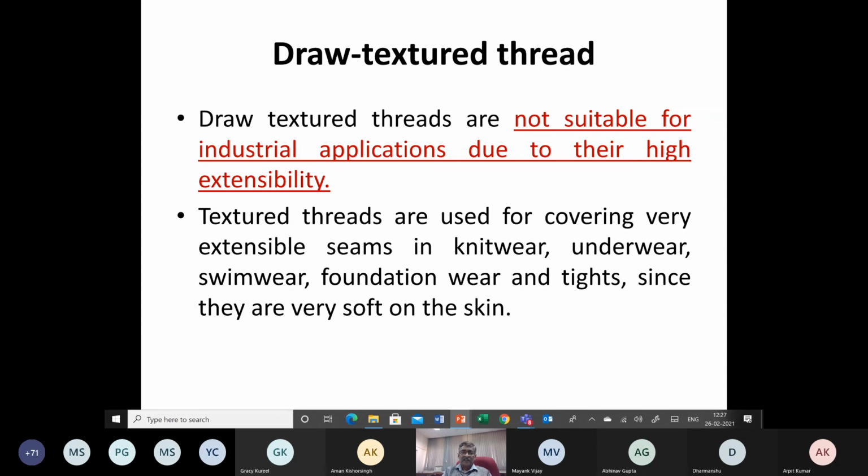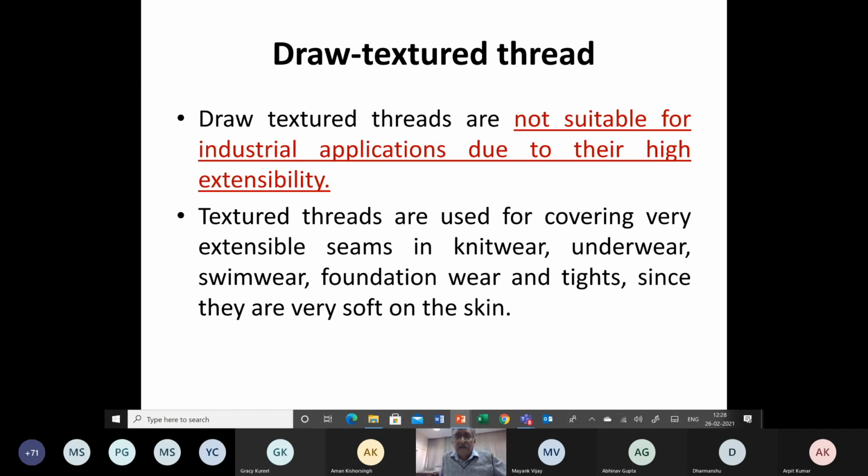So the draw textured threads generally are not used for industrial applications, and you find them when you look at inner garments, the knitted wear you are wearing: your banyan, vest, panties, underwear, swimwear, foundation wear, tight wear. And they are all in very close contact with the skin. So skin comfort is very important, and you need very soft, bulky threads.